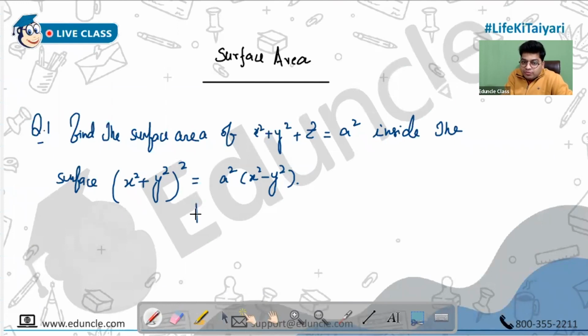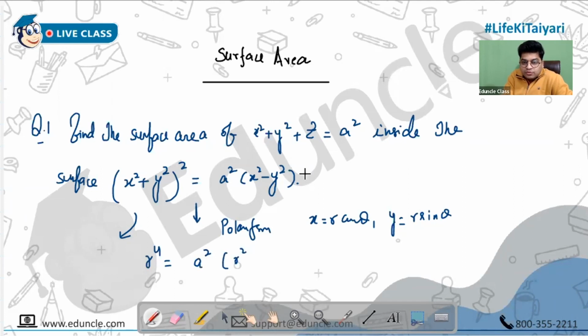But if you convert into polar form, x is equal to r cos theta and y is equal to r sin theta, then this will be r to the power 4 is equal to a square r square (cos square minus sin square) theta, that is cos 2 theta. Am I clear?